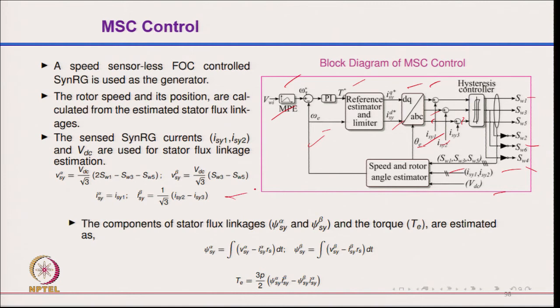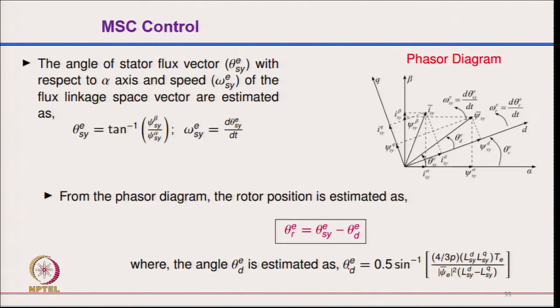And this is the typical algorithm: from the DC link voltage we get the alpha beta voltage, and we are sensing the current. So, we get the alpha beta component of the current, from which we calculate the alpha beta component of the flux, and we estimate the torque, and then we are able to estimate the position as well as the speed.